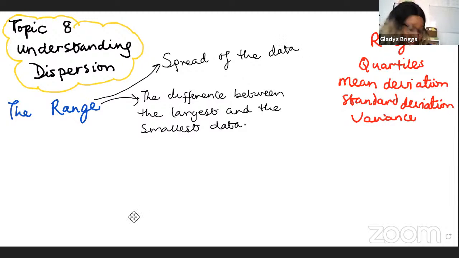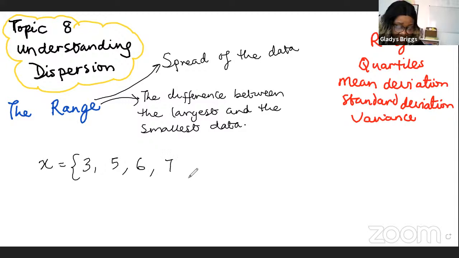All right then. Let's say you have something like this one. X is equal to 3, 5, 6, 7, 15, 24, 8, 2, and 4.